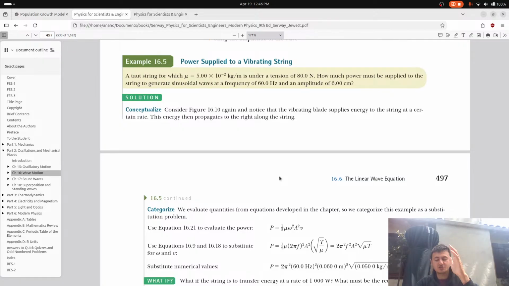And this is vy squared, the transverse velocity, which is actually equal to vy is equal to partial y partial t, which I think was minus a omega cos(kx minus omega t). So that's the transverse wave velocity.